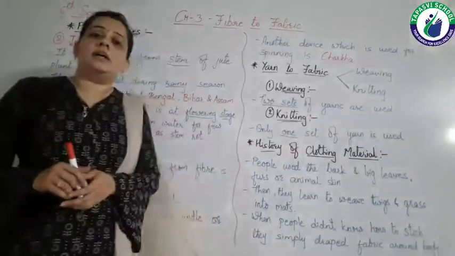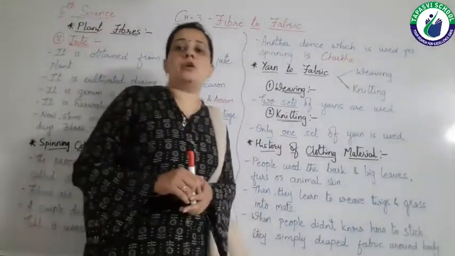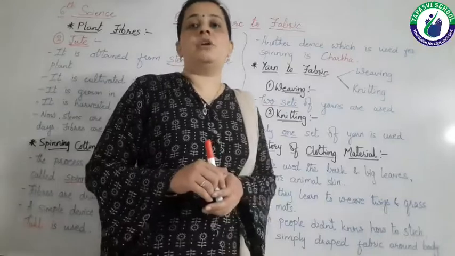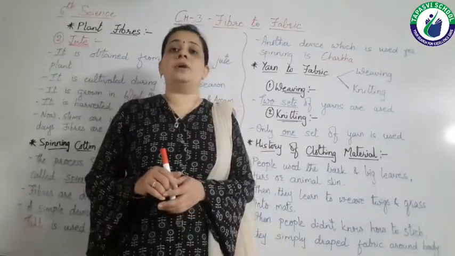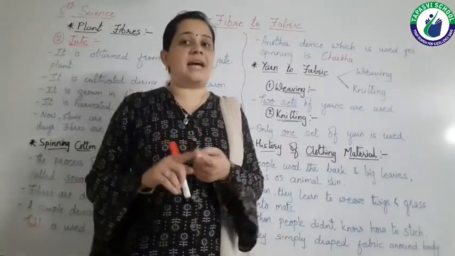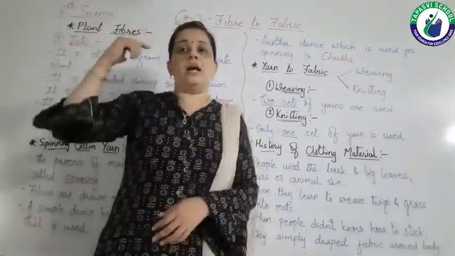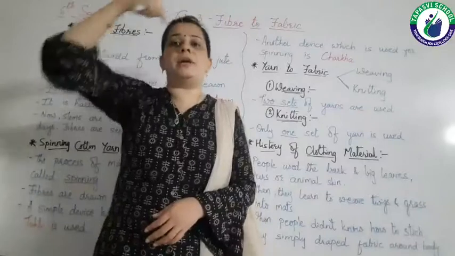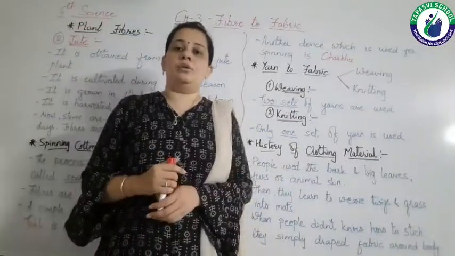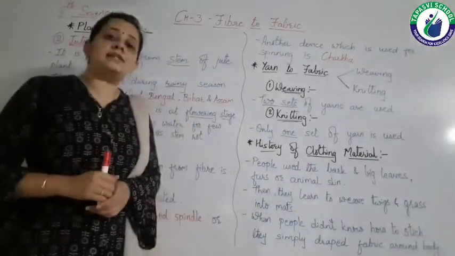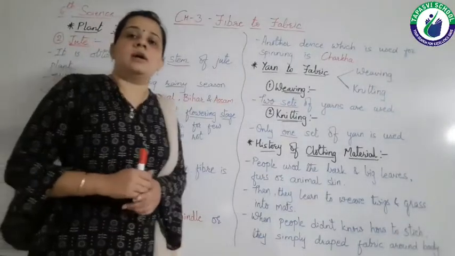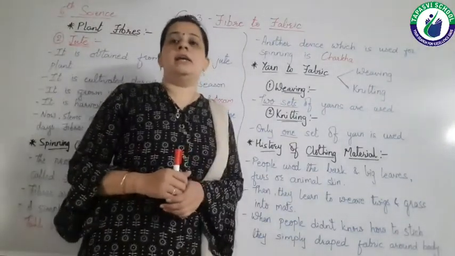Nowadays different fabrics are also used which we wrap around our body, for example sari, dhoti, turban. Turban means a cloth which we wrap around our head. So this is used to cover the body.